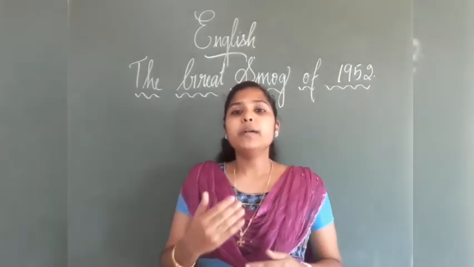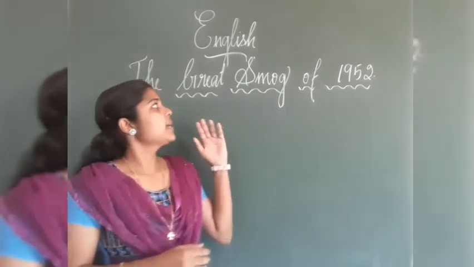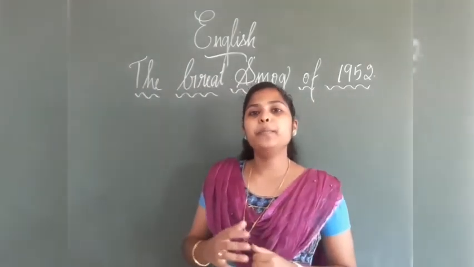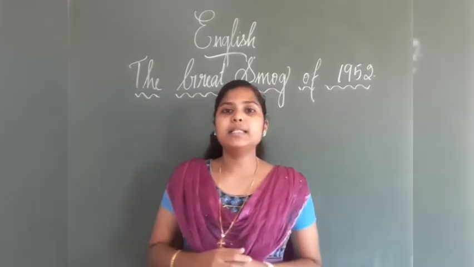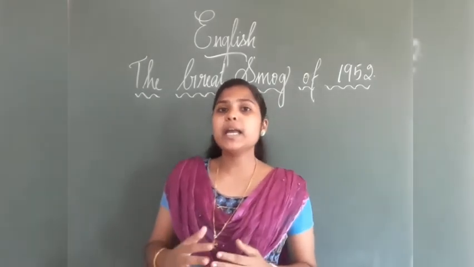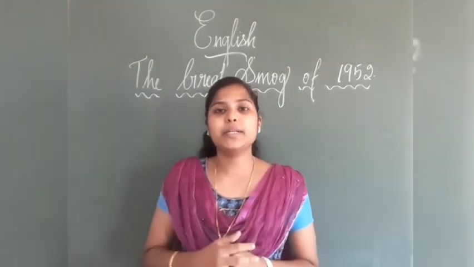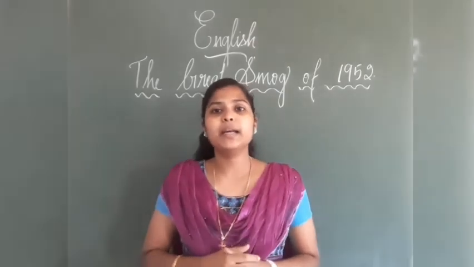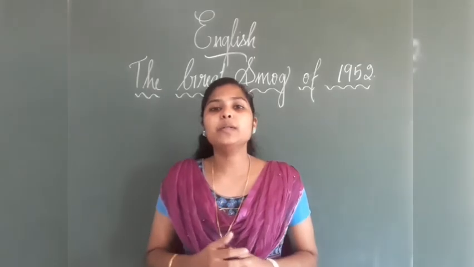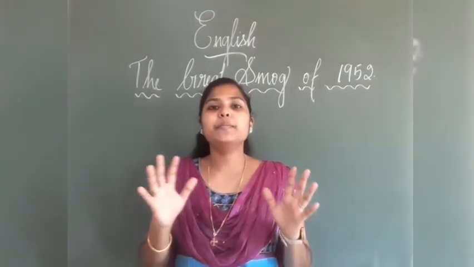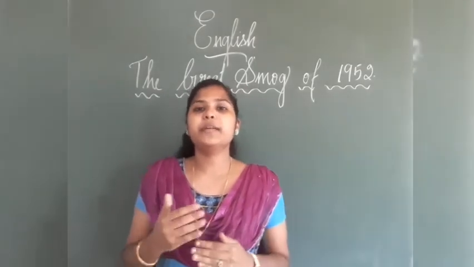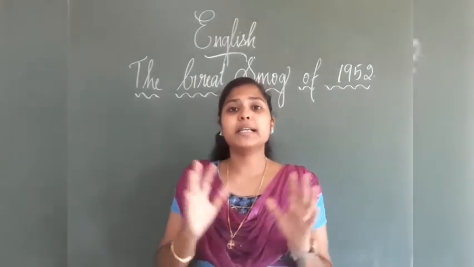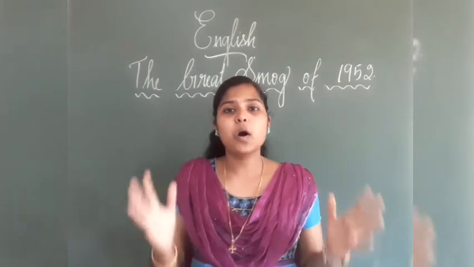Here, what we have seen in the last class in the Great Smog of 1952, it talks about the air pollution which is there in London. It attacked 3 major places there in Britain. What are they? The London Bridge, the Big Ben and also St. Paul's Cathedral. So these are the major areas which are affected by this smog. At first the climate was very cold and chill.